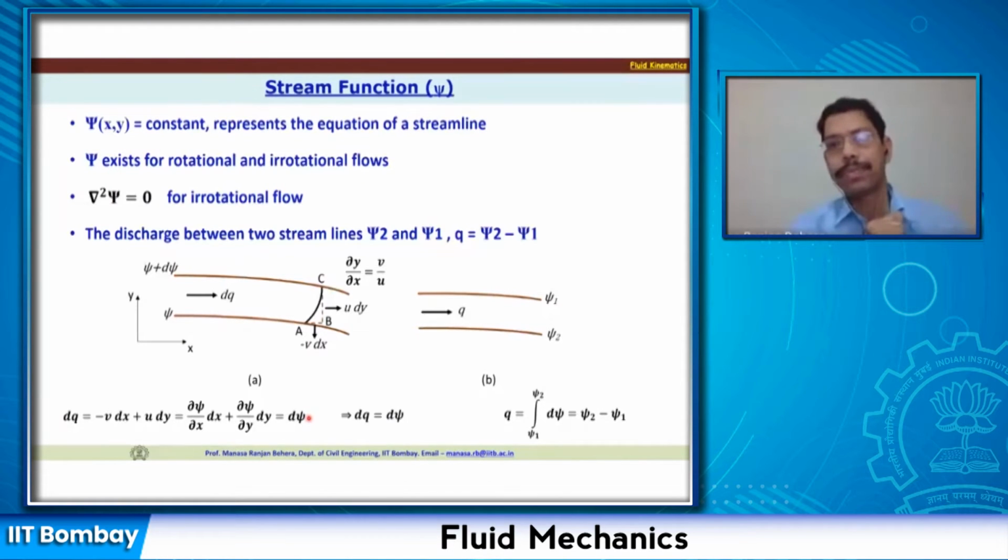All right. So you can find the discharge between two streamlines by taking the difference between the values of these two stream functions. All right. So this is a property which you can use very well in fluid kinematics.